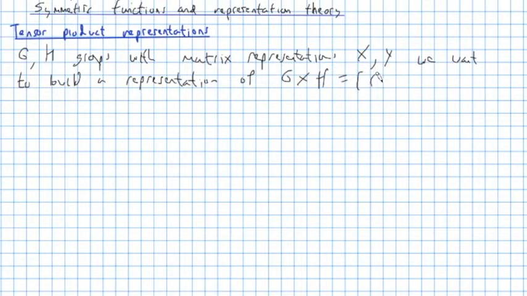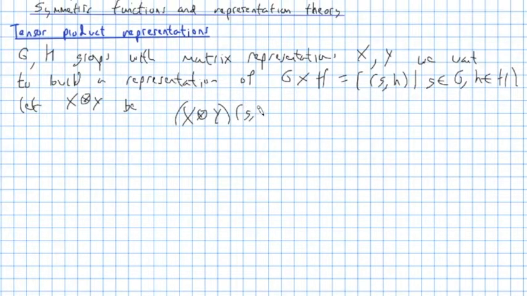So these are all the pairs G comma H, where the first coordinate is in G and the second coordinate is in H. And the way we define it is we denote it by X tensor Y, and it's defined in the following way.